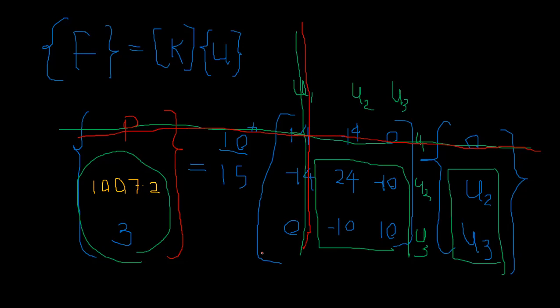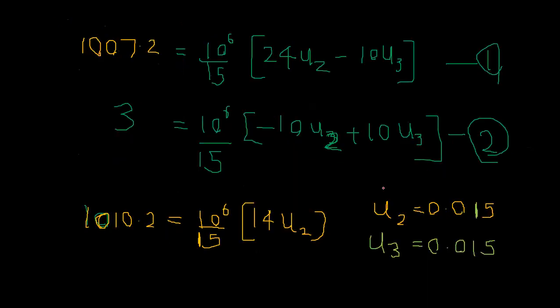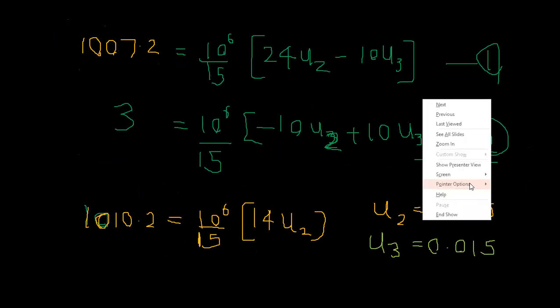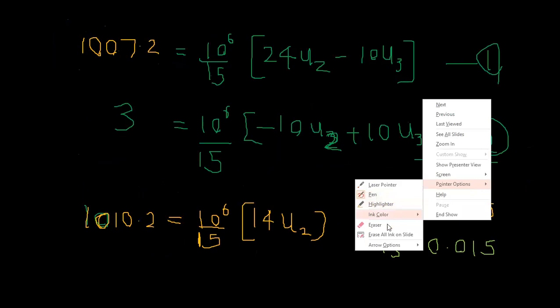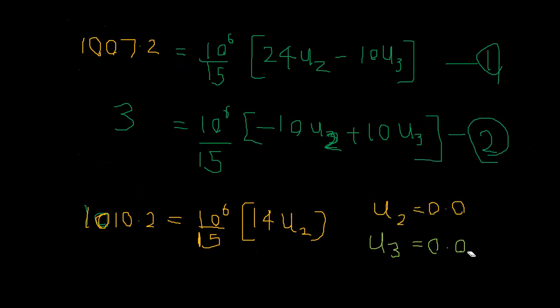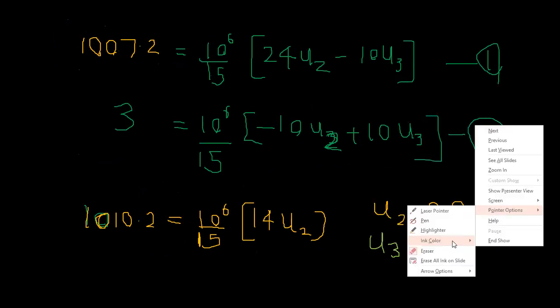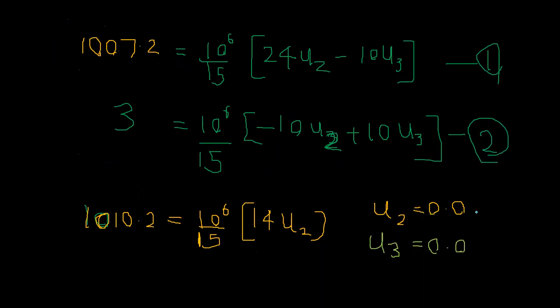That's how you need to modify your equation, and this will become, I think this is wrong. This is going to be 1. This should be divided by 14. So that's going to be 0.08, right?